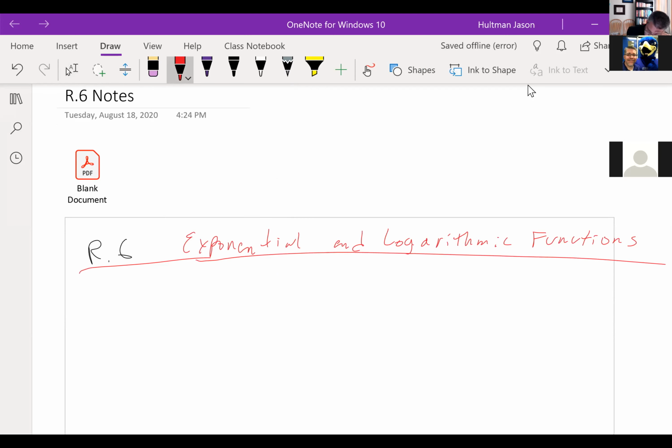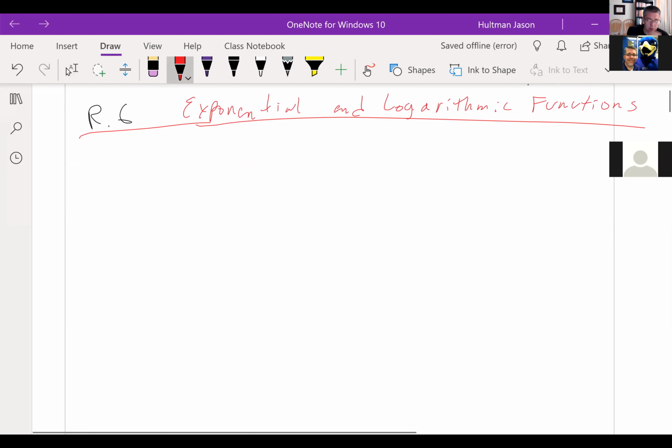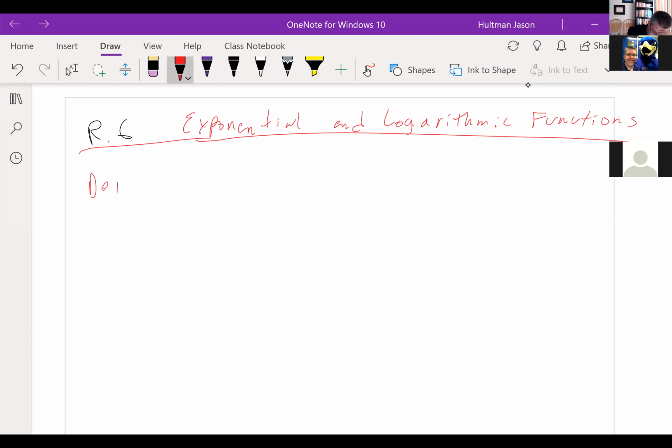Okay, so let's focus on the exponential. Let's look at the definition of an exponential.